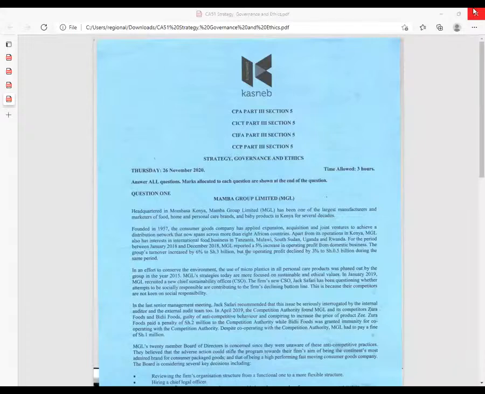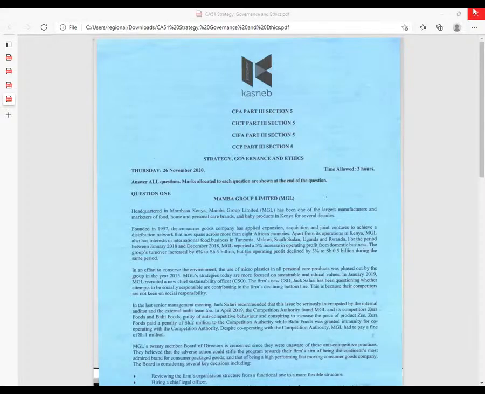The firm's new chief sustainability officer, Jack Safari, has been questioning whether attempts to be socially responsible are contributing to the firm's declining bottom line. This is a useless man who should be fired the same day. This is because their competitors are not keen on social responsibility.